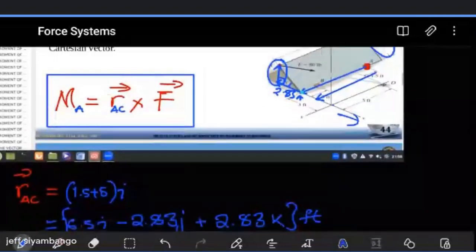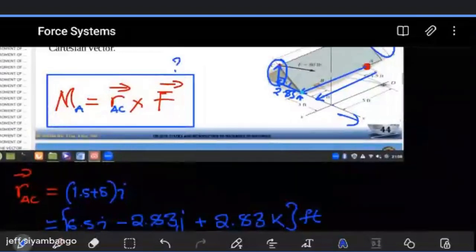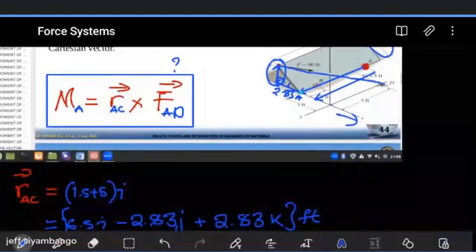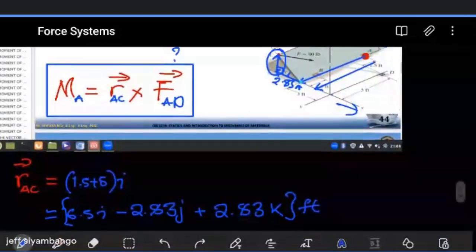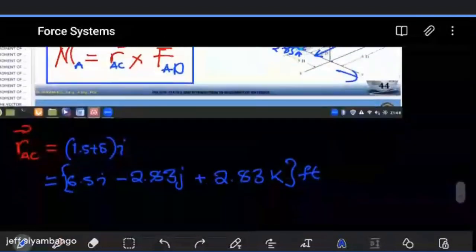The only thing is, what is going to be my force here? When I look at the direction of my force, it is running from A to D. So I need that force. It's running in this direction. It's given as 80 pounds, but that 80 pounds is just a magnitude. I need it in Cartesian vector form if I'm going to execute a cross product there.